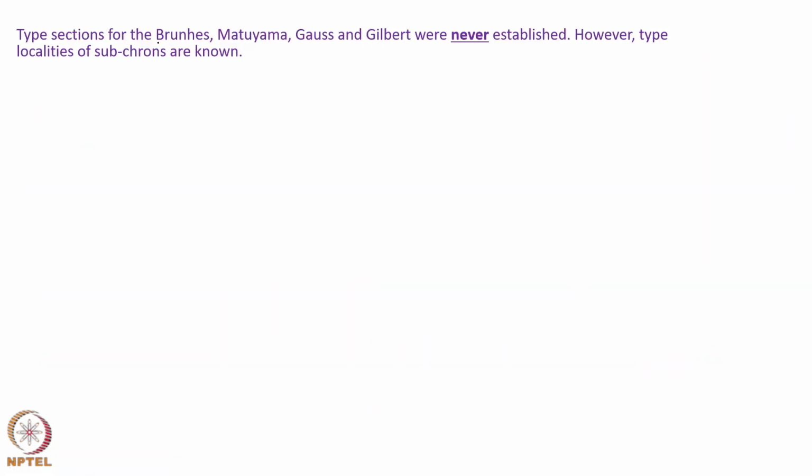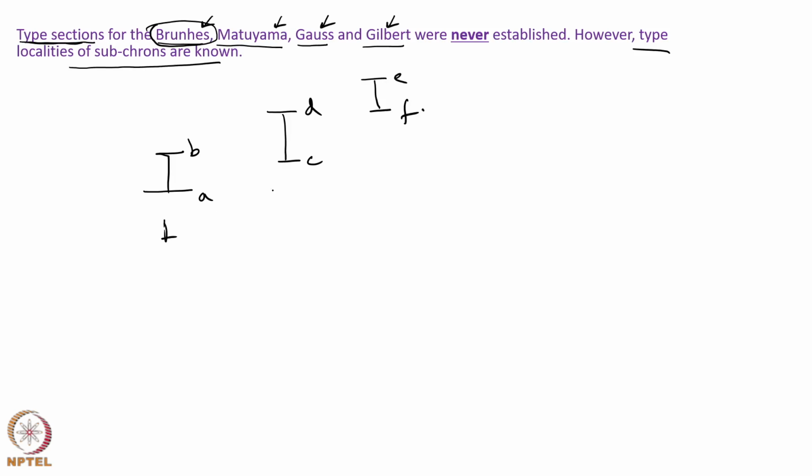While we talk about the Brunhes, Matuyama, Gauss and Gilbert, note that there is no type section, there is no single section where these ranges have been established. However, the type locality of subchrons are known. The entire Brunhes is not possible to demonstrate at any part of the earth, but information gathered in bits and pieces from several places of the world can lead to define the Brunhes. For example, suppose at location 1, 2 and 3 we have records of Brunhes from here to here.